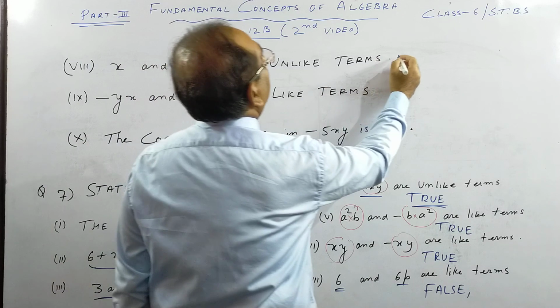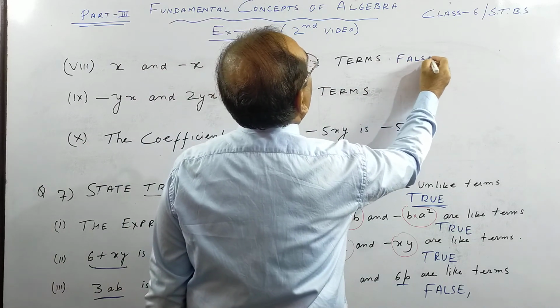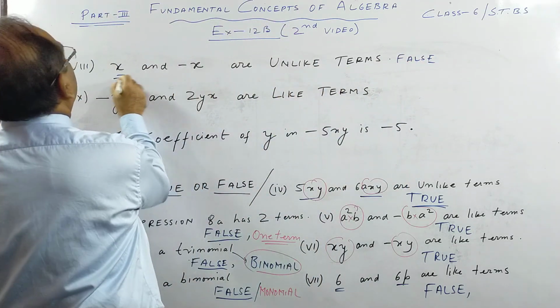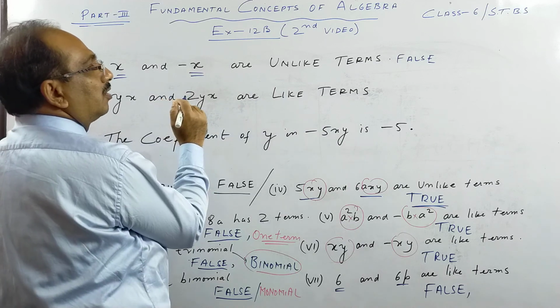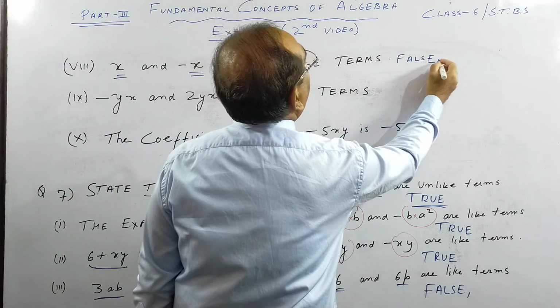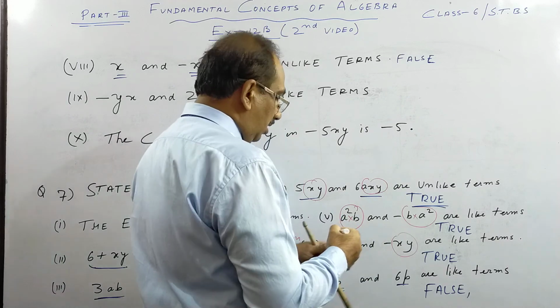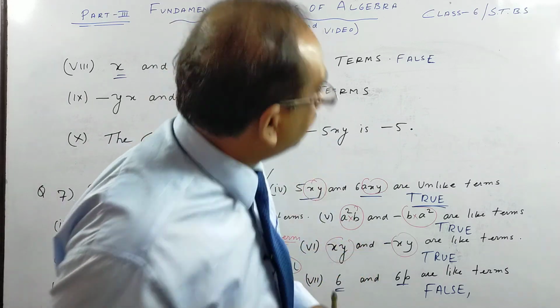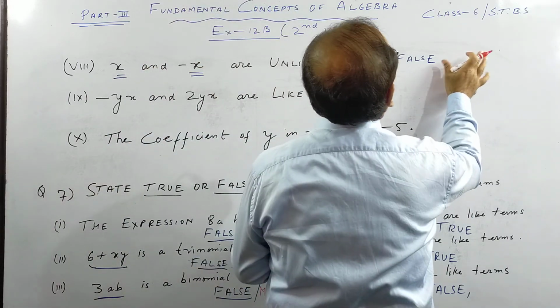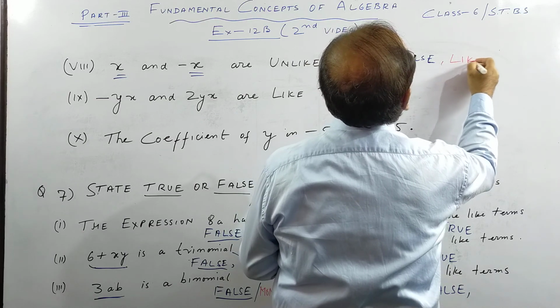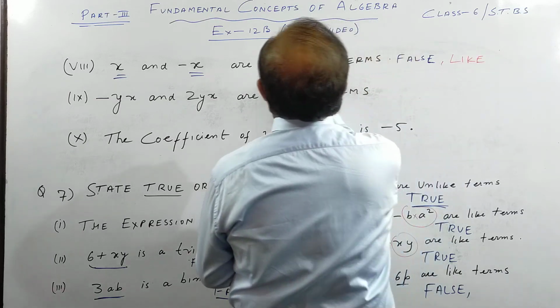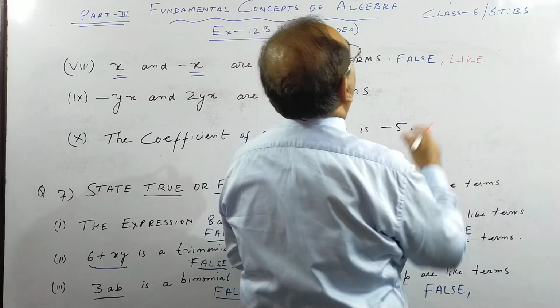So this is false, because I told you don't see plus minus, they are x literal coefficient. So they are like terms if you see. They are like terms if you see. So reason they are not asking, but they are not unlike terms, they are like terms.